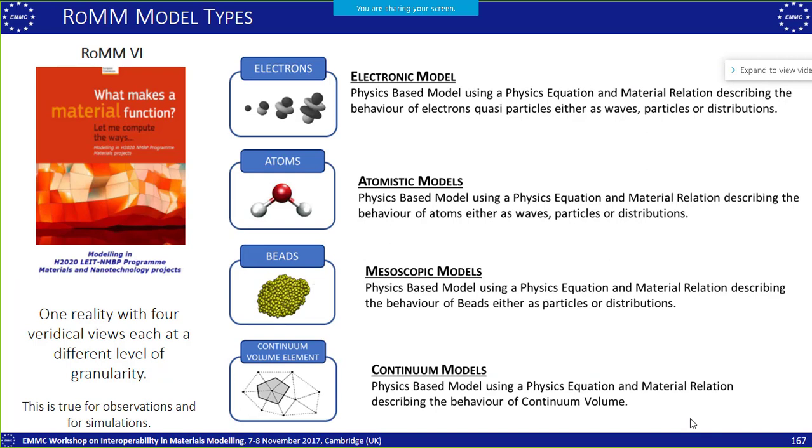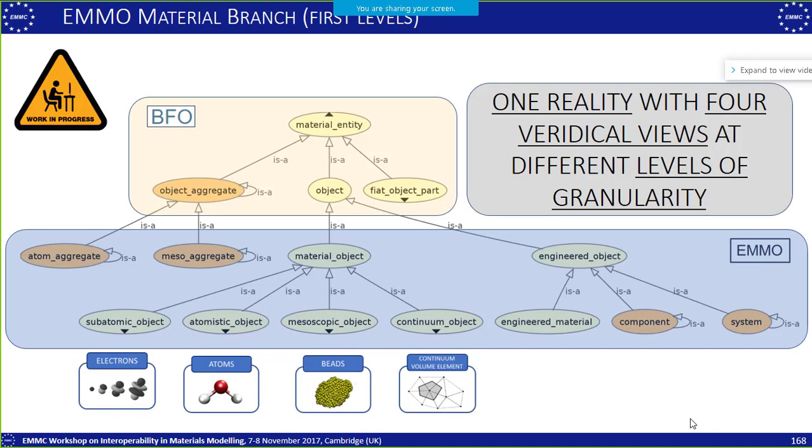So the way they do this is, BFO has material entity, and then it has objects. And they say, now, let's have material objects, and this blue part is in the realm of modeling. There are material objects which include subatomic objects, atomistic objects, mesoscopic objects, and continuum objects.